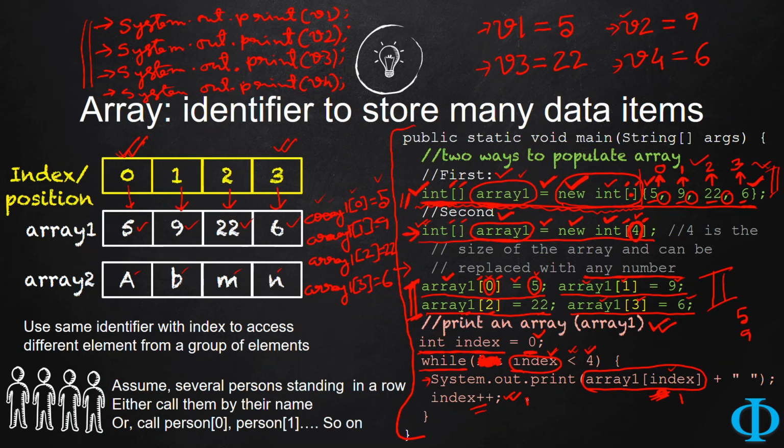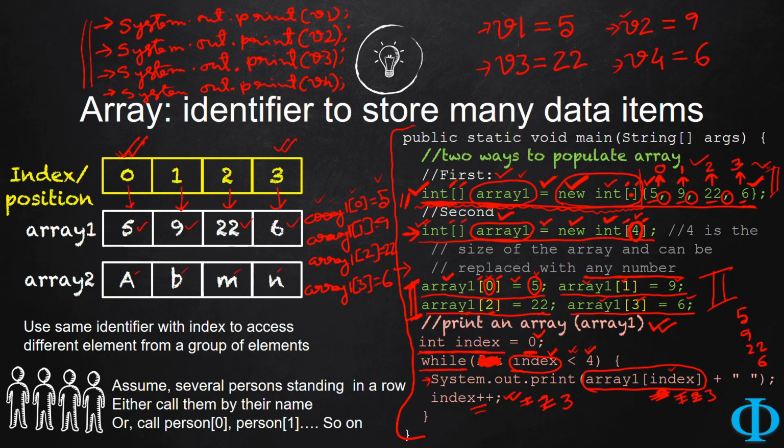Then in the next iteration, the value of index is incremented to 2, so it will print array 2, which is nothing other than 22. And in the final iteration, it will increment the value of index from 2 to 3, and that's why in the final iteration it will print the value of array 3, which is 6 in our case.